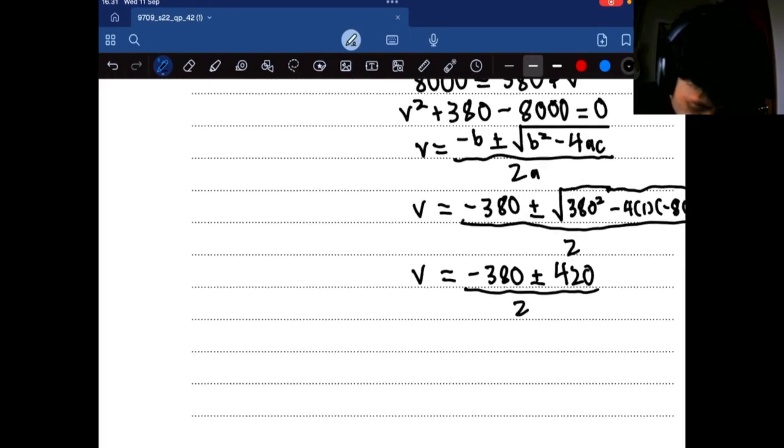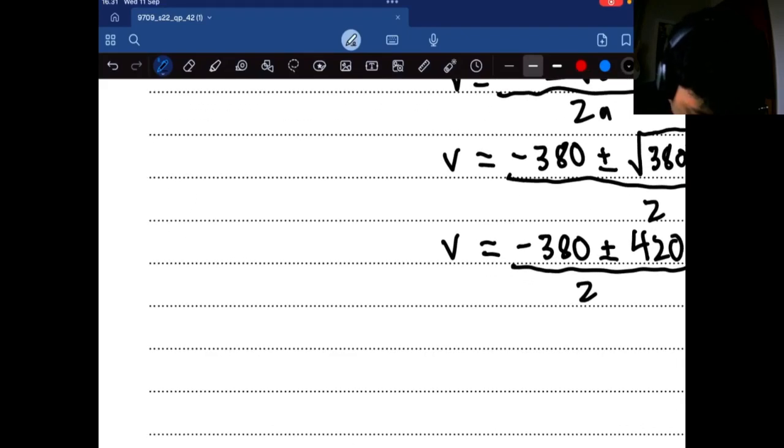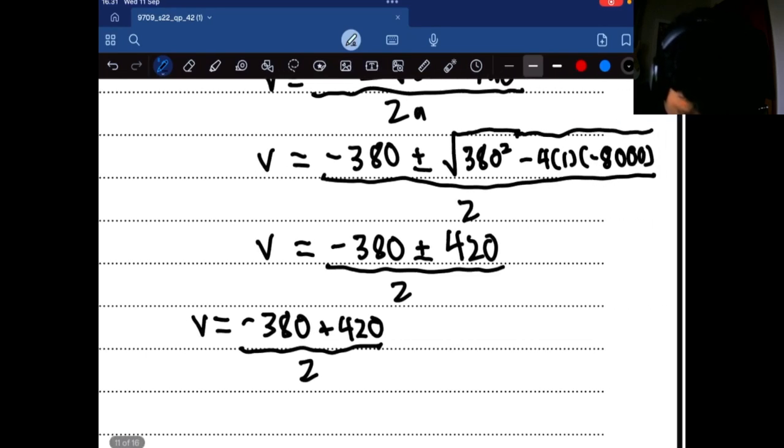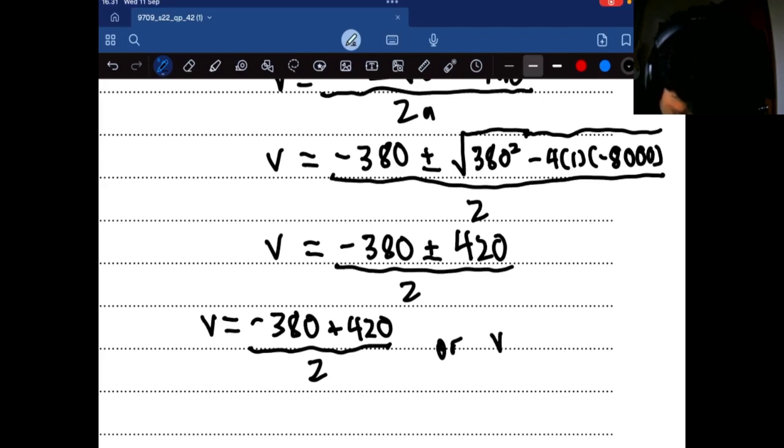So now we can get both of the values of V. V is either equal to negative 380 plus 420 over 2, or V is equal to negative 380 minus 420 over 2.